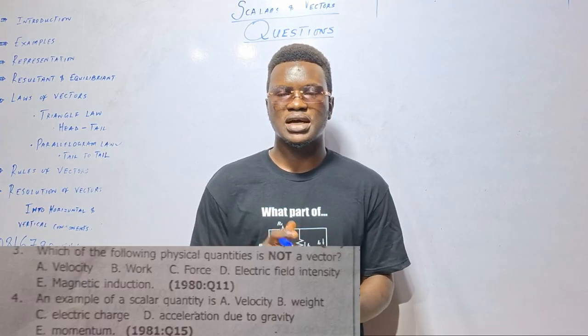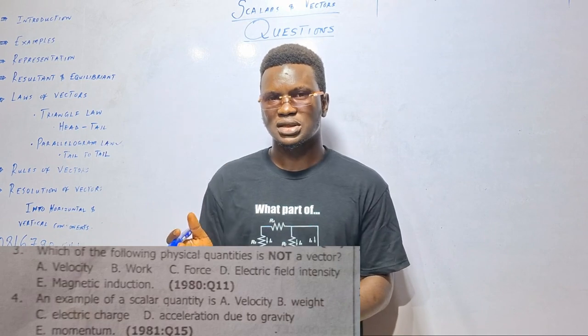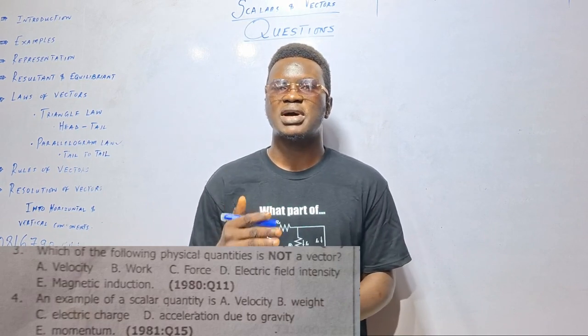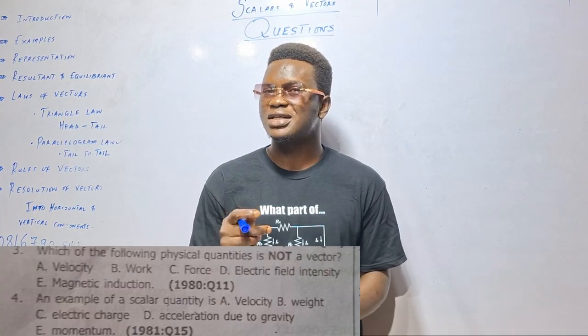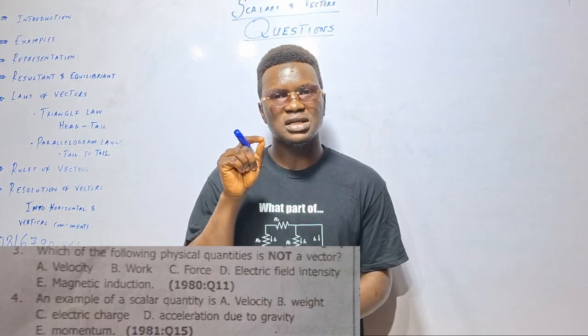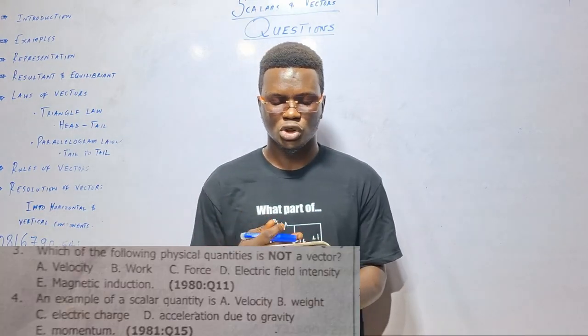Magnetic induction is the same thing as magnetic flux density, and in the class I told you that magnetic flux density is a vector quantity, but magnetic flux is a scalar quantity. So go back to the class. The answer to this is option B, work.